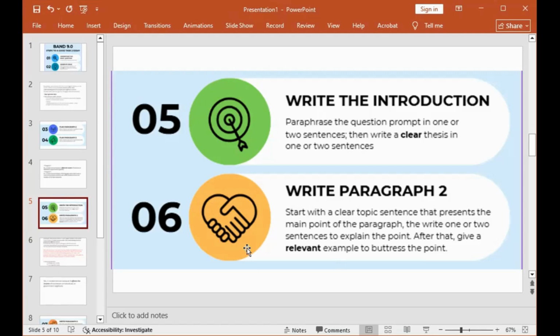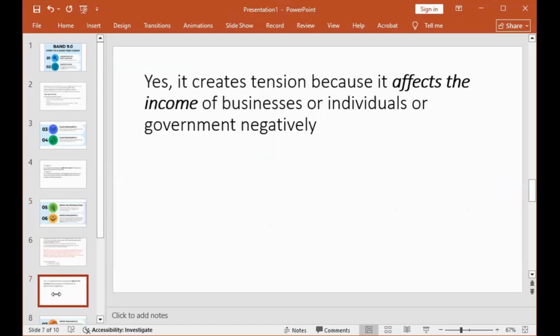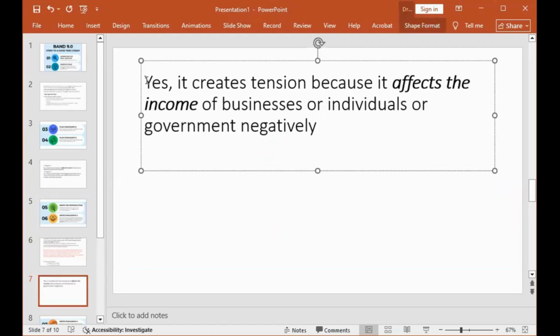For this paragraph, our main idea is that tourism creates tension because it affects the income of businesses and individuals. So how do I present this main idea?